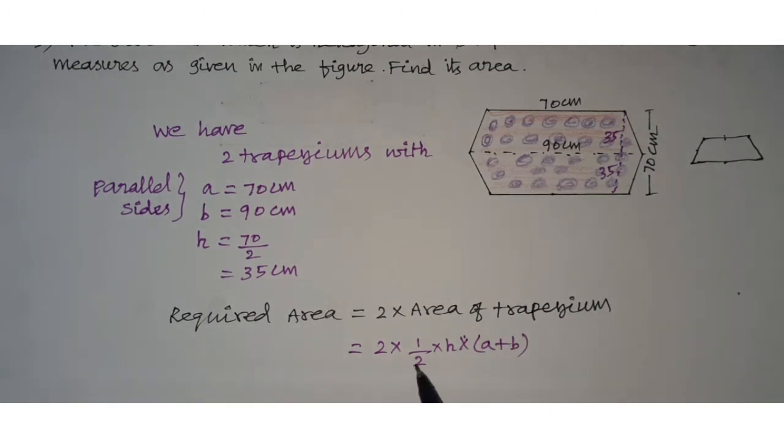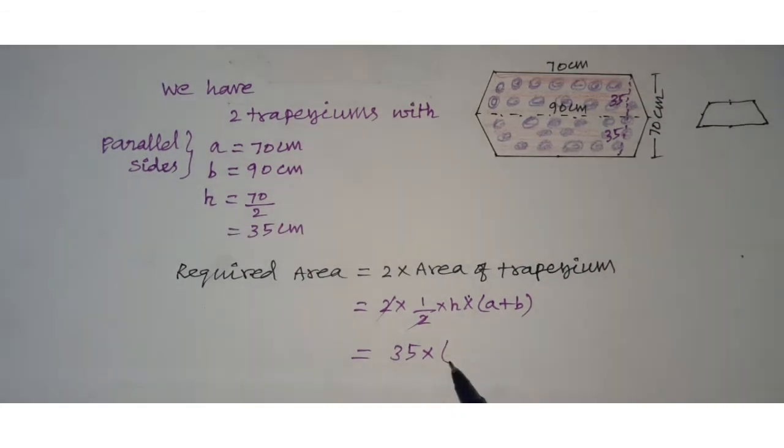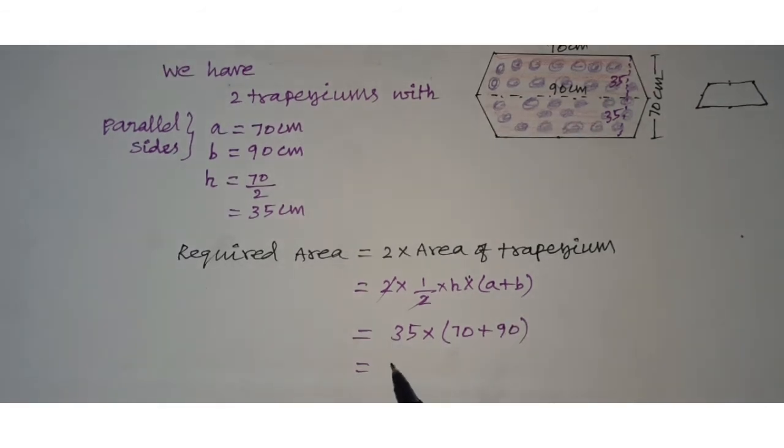So here this 2 and 2 we can cancel. So substitute the values, H value 35 into A plus B, A 70 plus B 90. Okay. So 35 into 70 plus 90, 160.